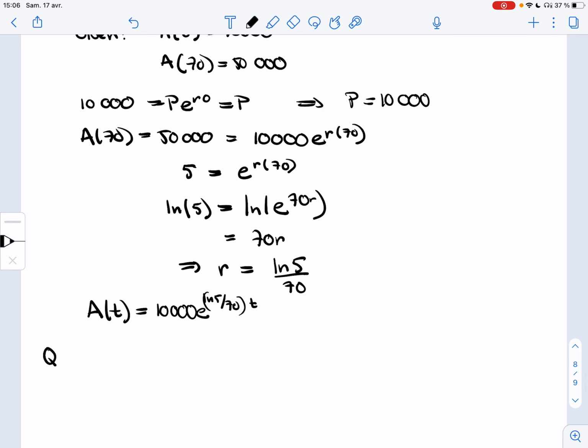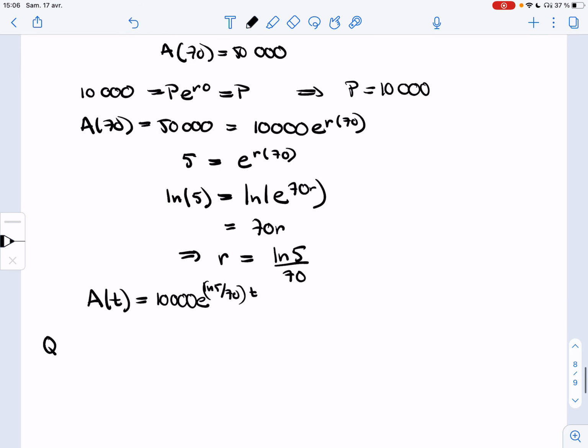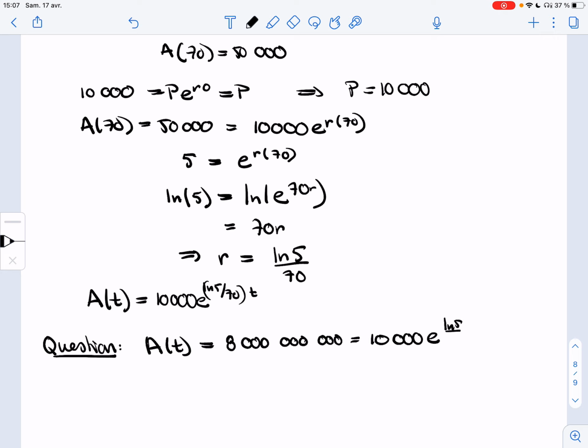We need to figure out, if we look back at what the question was asking, when would Tau Ceti have 8 billion people? So we want to know when A of t would be equal to 8 billion. So that's 8 million, 3 more 0s. All right, so that's 10,000 e to the ln of 5 over 70 t, and we're looking for t.